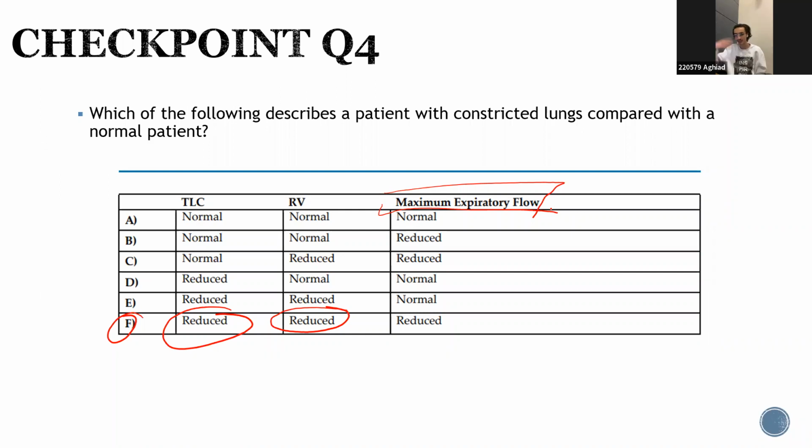It's the amount of air you can expire. And as we said, everything decreases in constrictive lung disease, so that causes a decreased ERV, a lesser amount of air you can push out. The flow is less, so technically everything should be reduced. Is that clear for everybody?